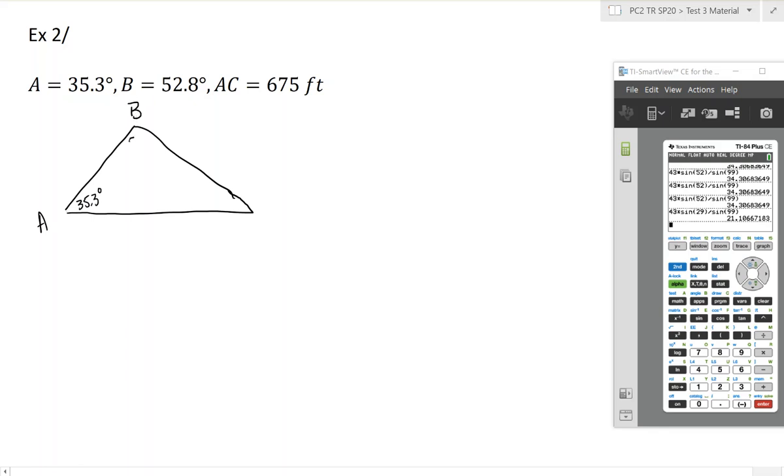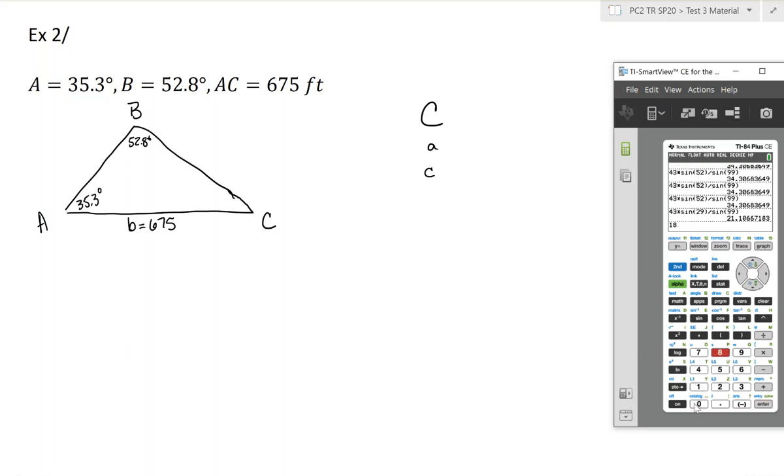Big B is 52.8 degrees. So we need to know what big C is. They're telling us what AC is. That's little b. That's 675. So we need to know what little a and little c are. These are the things that we'll be trying to solve for.